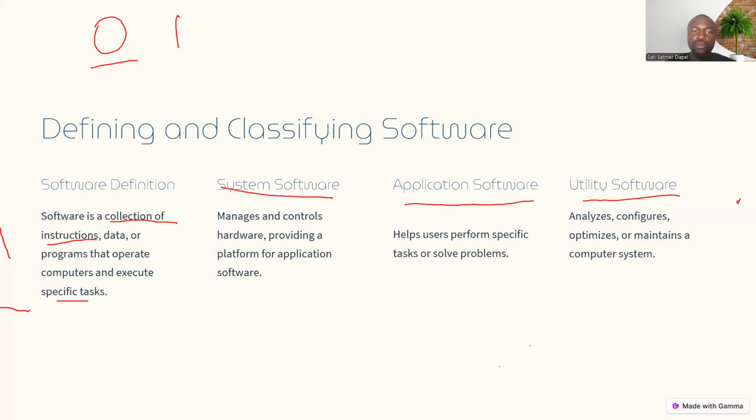When the computer programmer is building a software, the system software uses assembly language. Now, the assembly language is a low-level programming language that is closely related to the machine code. In fact, it serves as a human-readable representation of the instructions that are executed by the CPU.